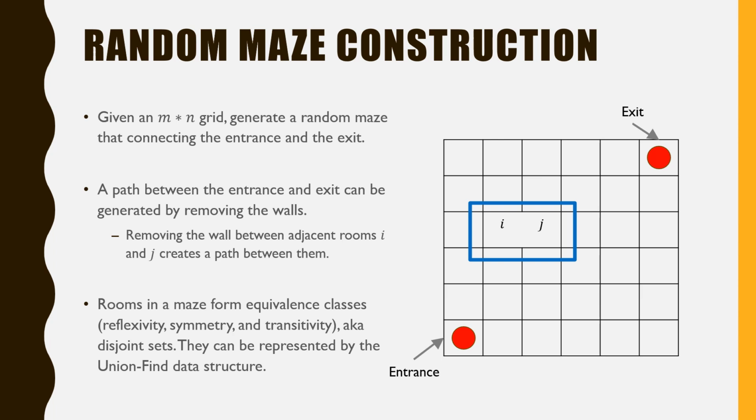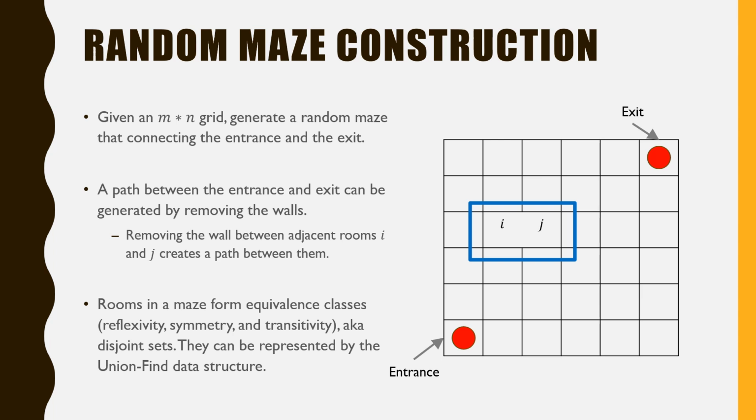In the previous video, we introduced the union-find data structure, which is commonly used in applications such as generating random mazes. The union-find data structure, also known as the disjoint-set data structure, organizes elements into groups where each group represents an equivalence class.